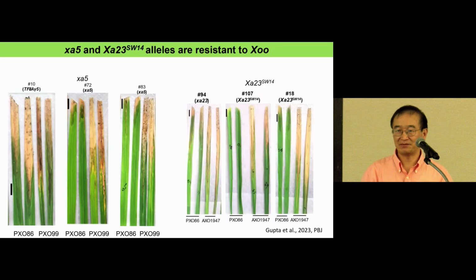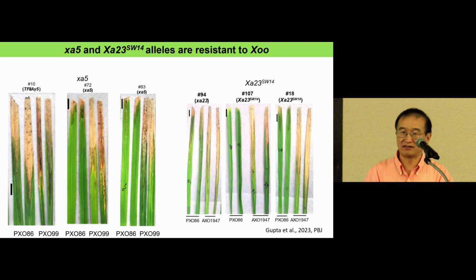And then the phenotypes for both cases are as expected, resistant to certain bacterial strains which contain the TAL effector, or susceptible to certain bacterial strains which do not contain the corresponding TAL effector. So I don't want to spend too much time to explain this.